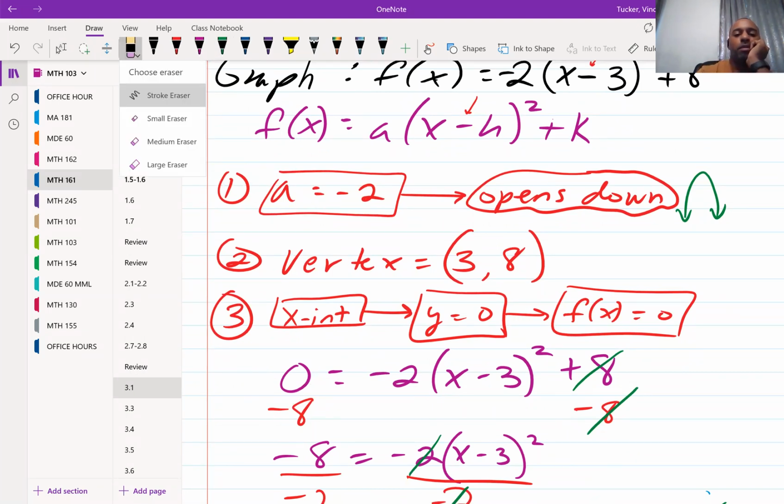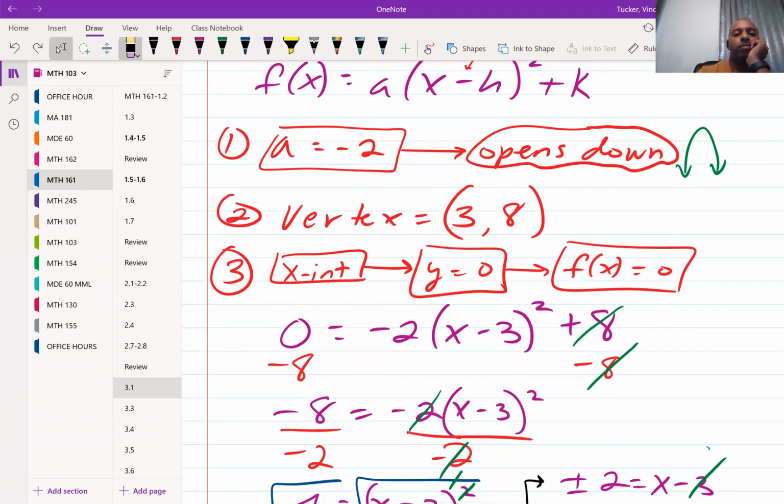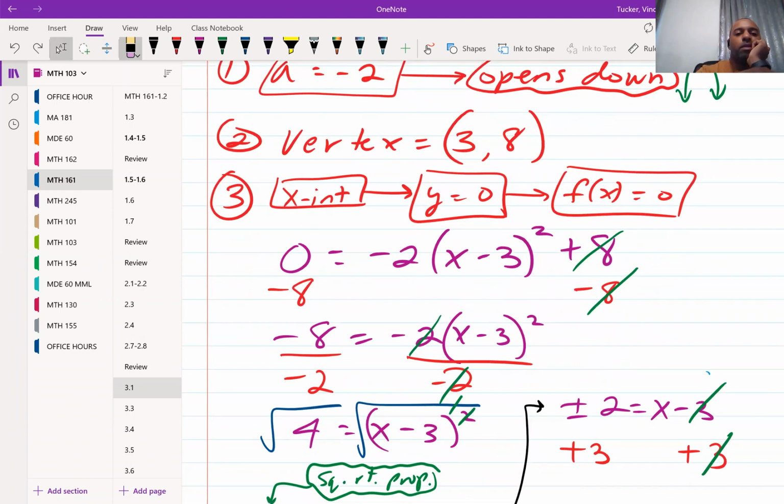That will give you this. Then you subtract 8 from both sides, which puts us here. Divide by -2, and that puts us at 4 = (x - 3)^2.